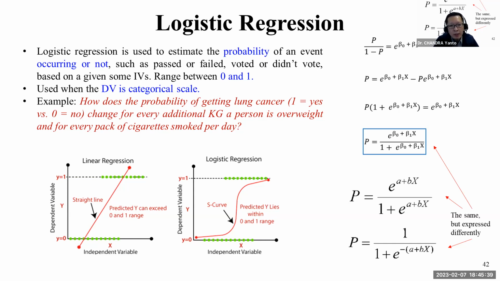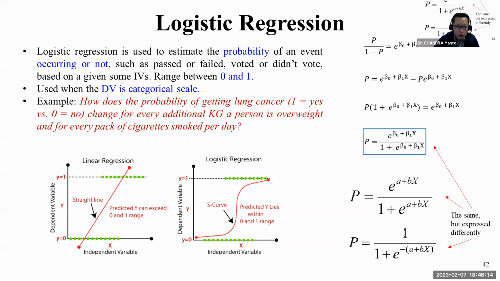So one example is here. You want to know the probability of people getting lung cancer. 1, yes. 0, no. So you capture whether a person has that or not from your data, and you want to know, for every kilogram above the overweight standard, and the person's cigarette consumption per day, what is the effect of this extra kilogram of weight and the cigarettes that they smoke on the probability of getting lung cancer?